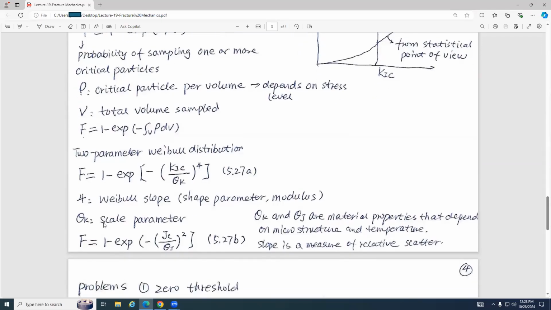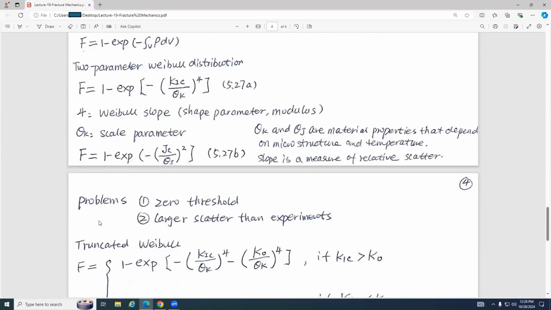And sigma k is a skew parameter. So here is this equation, and this is a second equation. Sigma k and sigma j are material parameters that depend on microstructure and temperature, and the slope is a measure of relative scatter.